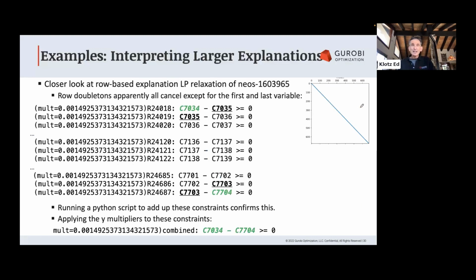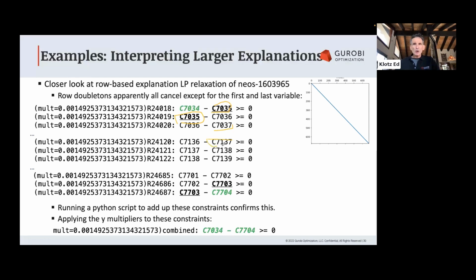So what that's telling us, and if we look at the explanation we can confirm that algebraically, is you have a whole bunch of these row doubleton constraints. And if you look at them, you see that consecutive constraints always have one of the two variables in common.